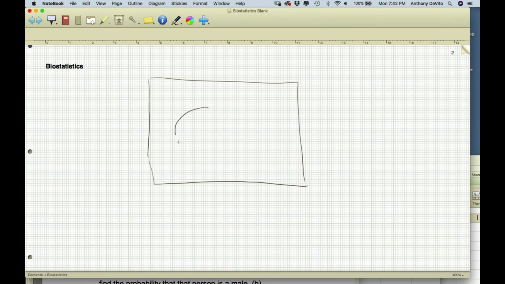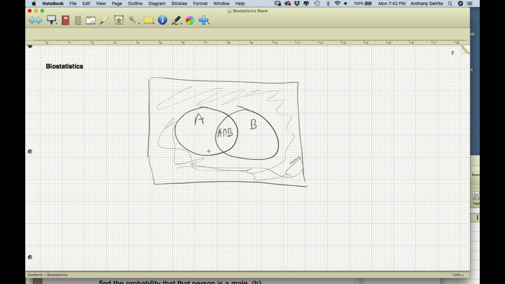And A intersection B. What is this area out here? That would be not B and not A, right? So we could, I presume, call that union of A and not B, not A and not B, right?